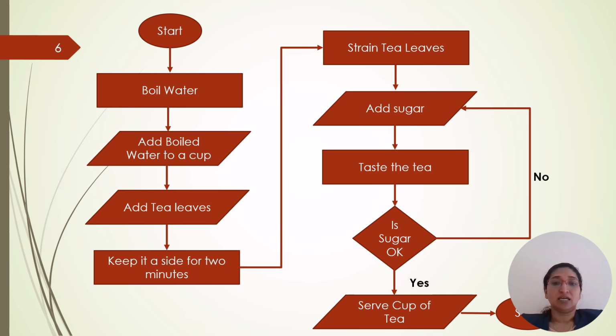Now, can you see it? It visually represents the set of steps and decisions in making a cup of tea. So simply, a flowchart is a visual representation of steps and decisions to achieve a particular task.